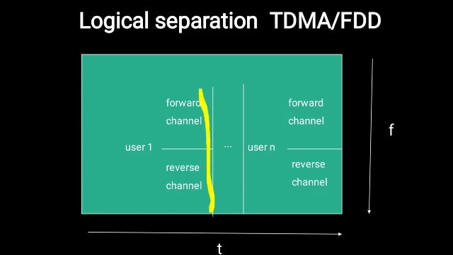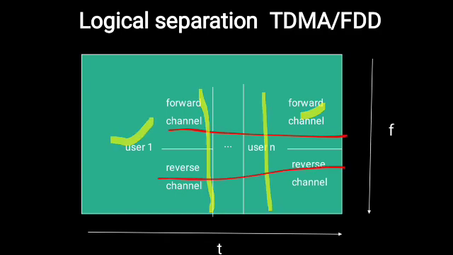Here the time is allocated between user 1 and user 2, but to transmit the data, the uplink is on a separate frequency and the downlink is on a separate frequency. So this is how they transmit their data.